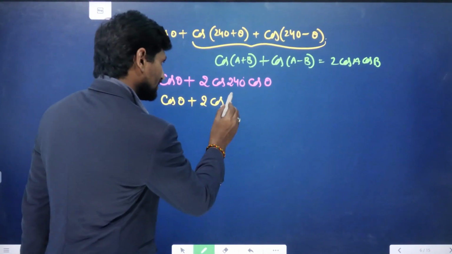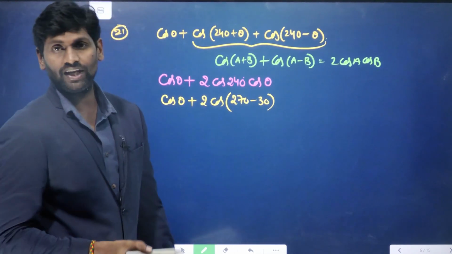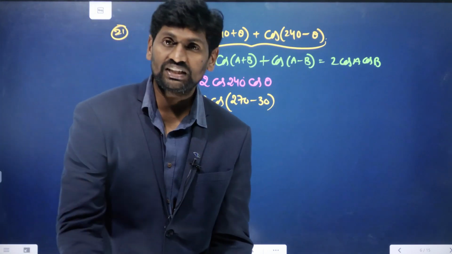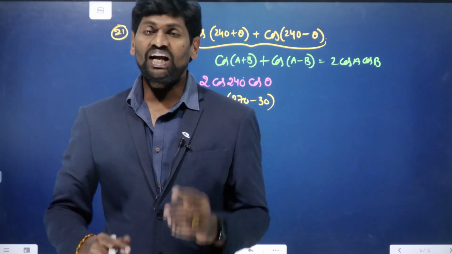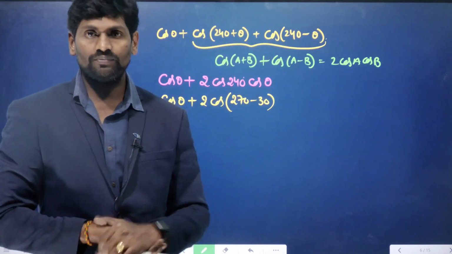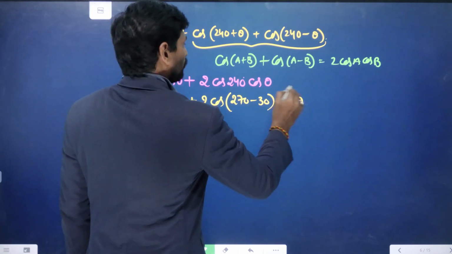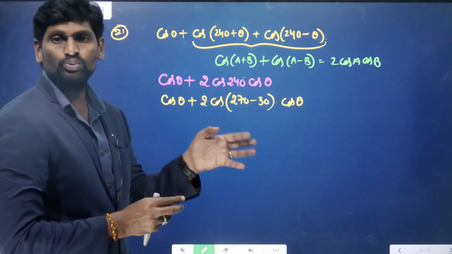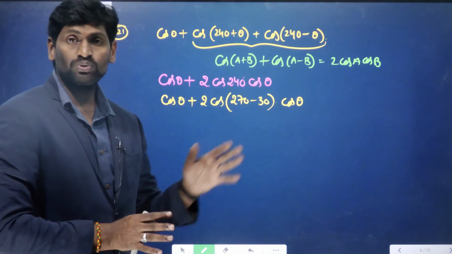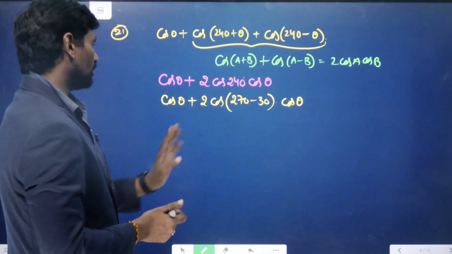I am writing 240 as 270 minus 30 degrees because I don't know the value of 240 degrees directly. I know the values only of 0, 30, 45, 60 and 90 degrees by using the value table. From that I am deriving 240 as 270 minus 30. 270 minus, which quadrant? Third quadrant. In the third quadrant, is the cos value positive or negative? Negative obviously.